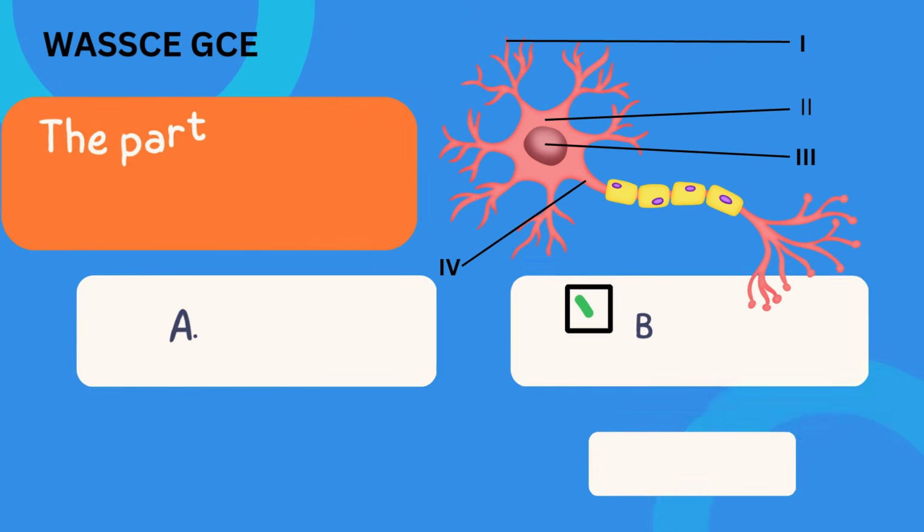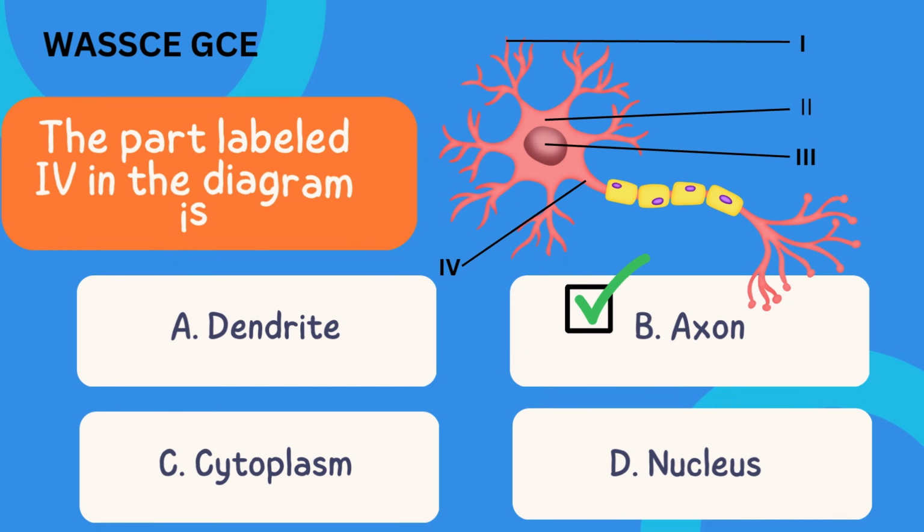The correct option is option B, the axon. If we look at the diagram critically, you see that the Roman figure 4 labeled part is the part leading from the cytoplasm of the cell body, and that part is called the axon.